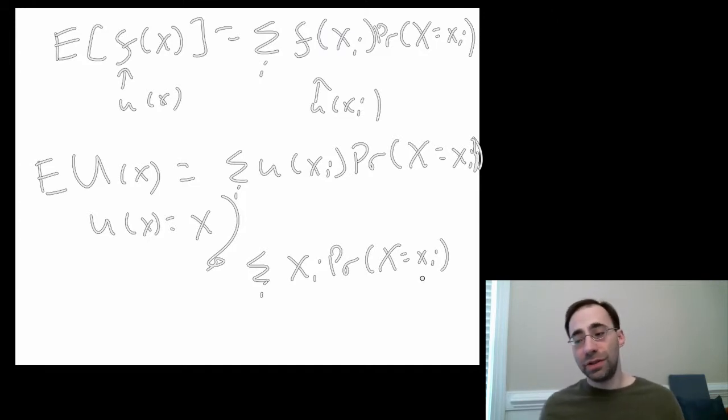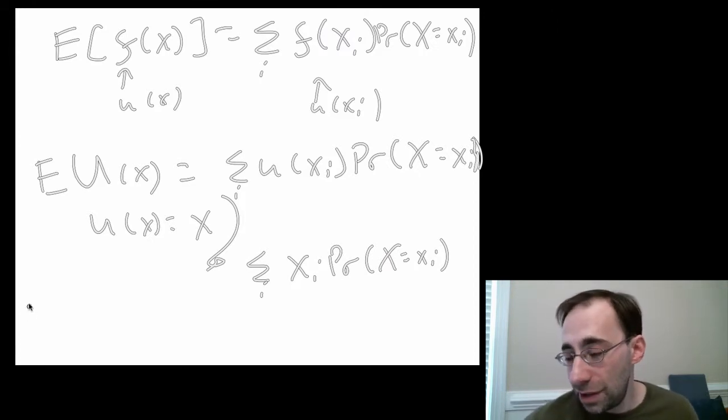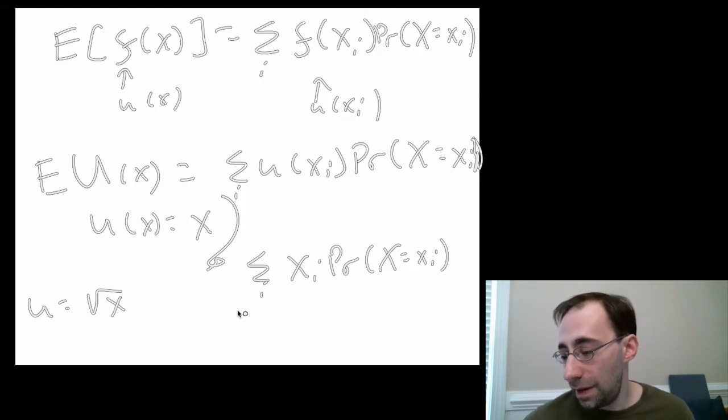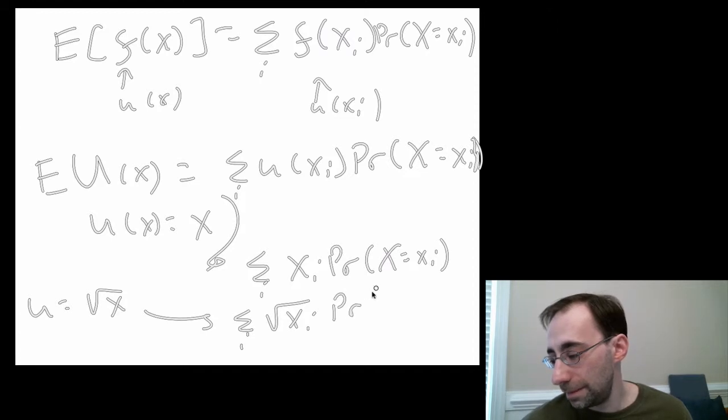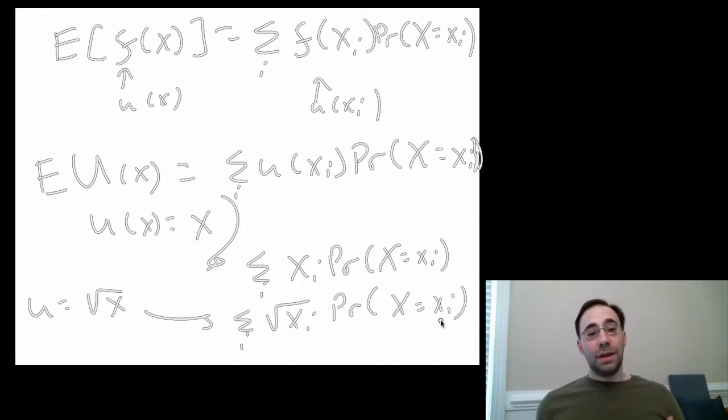So if you're perfectly risk neutral and have nothing attached to utility but x, the expected value is the same as the expected utility. But in general, you may have different values. If, for instance, utility is equal to the square root of x, then you would have this to deal with, and so on.